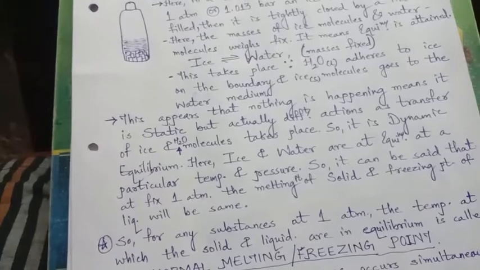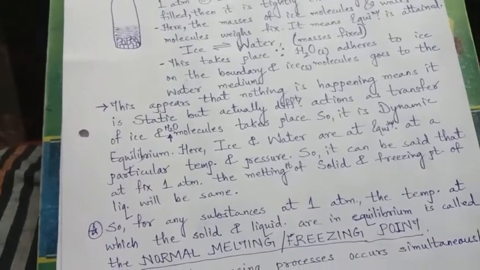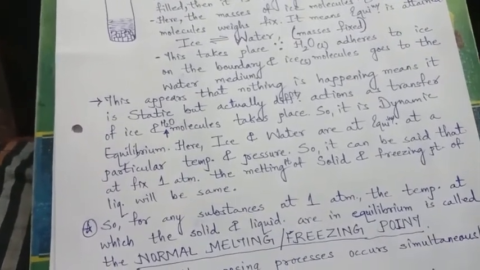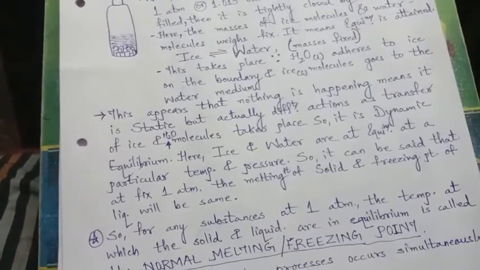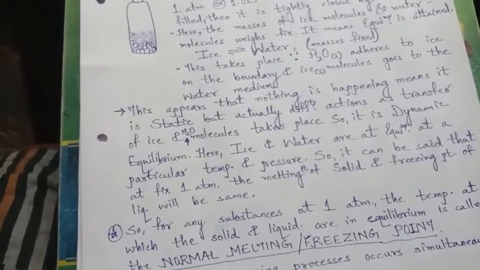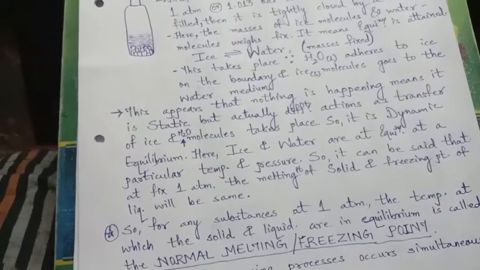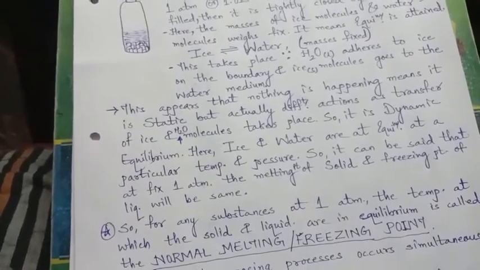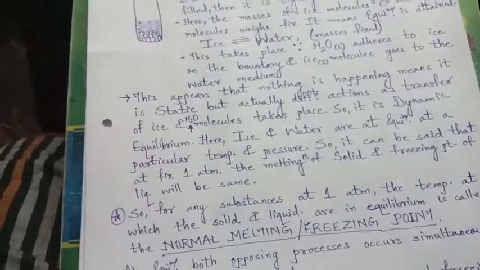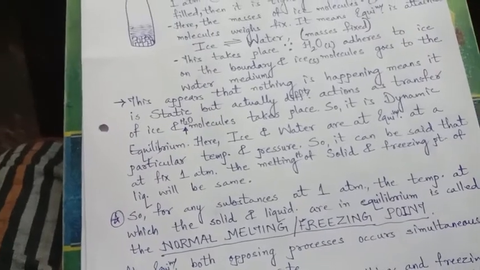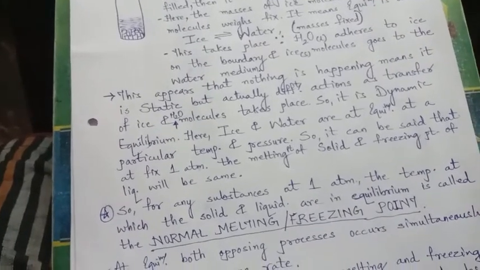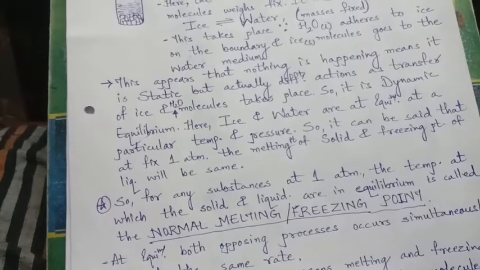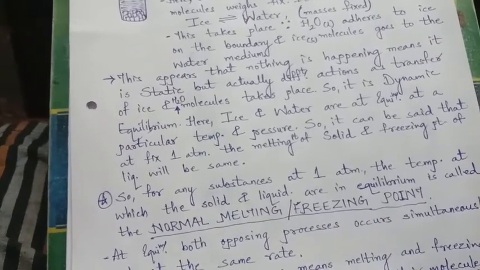What is the melting point of a solid termed as? As soon as at a certain atmosphere a certain temperature is attained, the solid, the ice, will start converting to liquid. That means melting is taking place. And at the same time, the molecules of water will also start freezing.